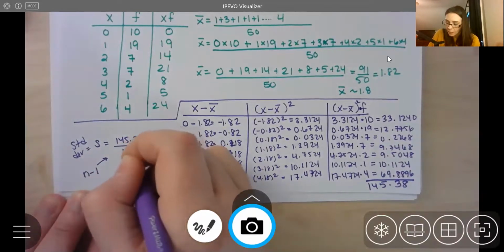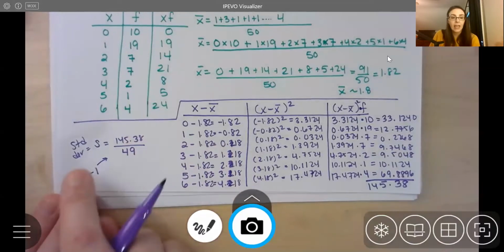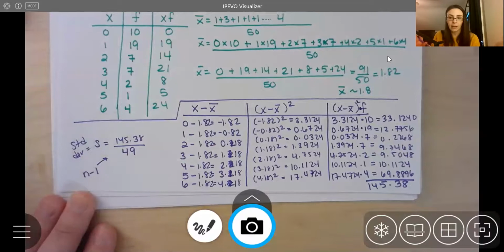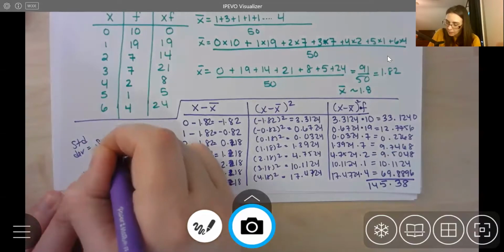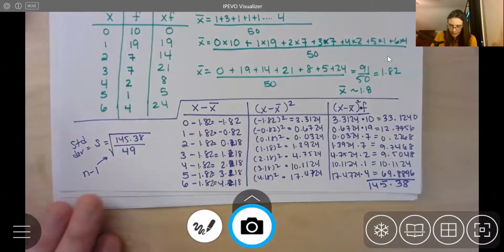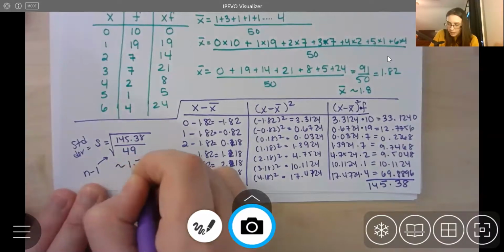So I'm going to divide that by 49. If you had a population, then you just divide by the regular n. But for samples, you divide by 1 less for standard deviation. And then, so there's my average, and I take that square root of it. And what I get is about 1.7.